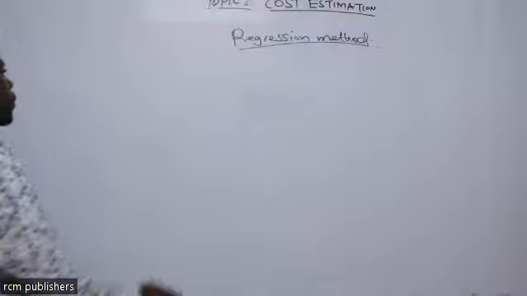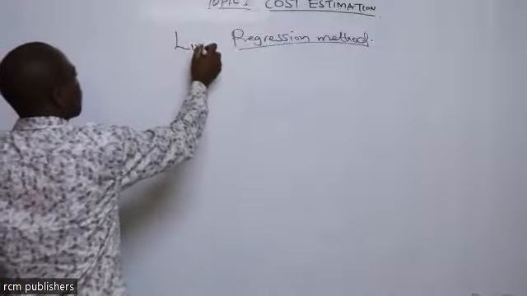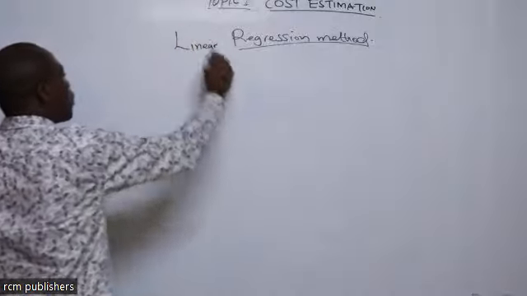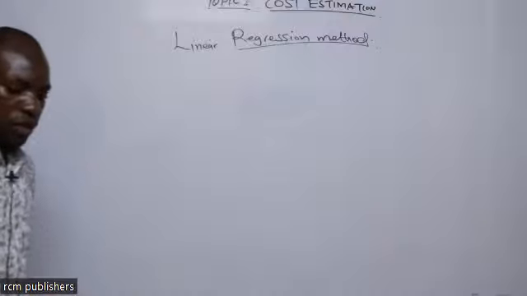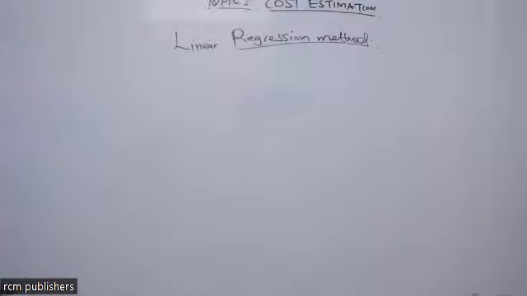So regression method, linear regression method, we can call it linear, ordinary regression methods. Ordinary regression method is also another name of that. Ordinary least square method, simple regression.